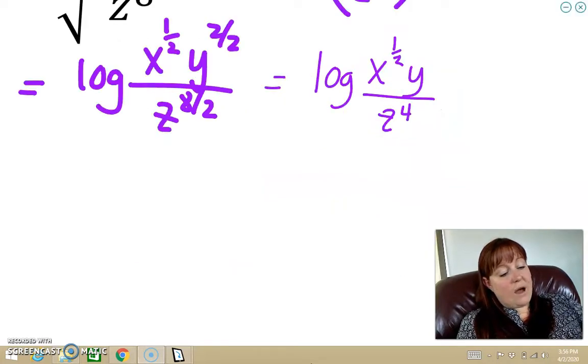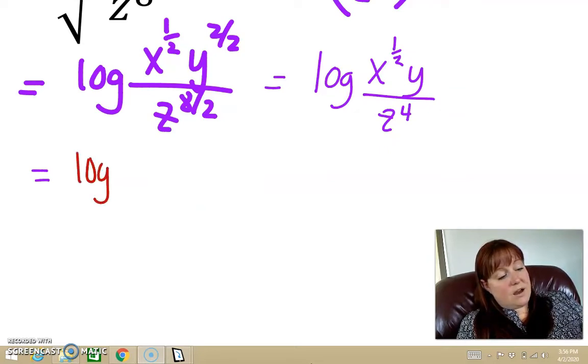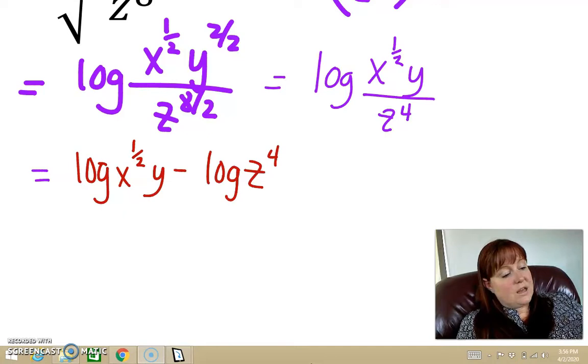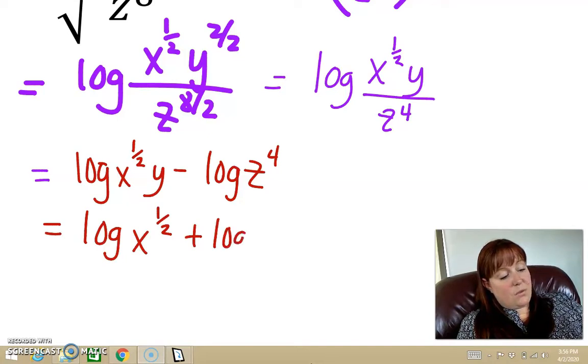Okay, so now I'm back to something like we looked at before. So it's a quotient, right? So this is log of x to the 1/2 y minus log of z to the 4th. So I can just split them. Now I'm going to split the first one as well. So this is log of x to the 1/2 plus log of y minus log of z to the 4th.